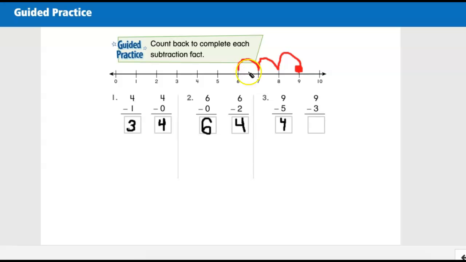When I jumped back 3 spaces from 9, it took me down to 8, 7, 6. 9 minus 3 is 6. So all we are doing is just subtracting, but we're calling it counting back. So I counted back 1, 2, 3, and that gave me 6.